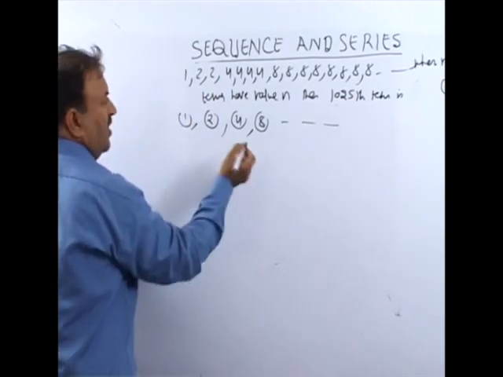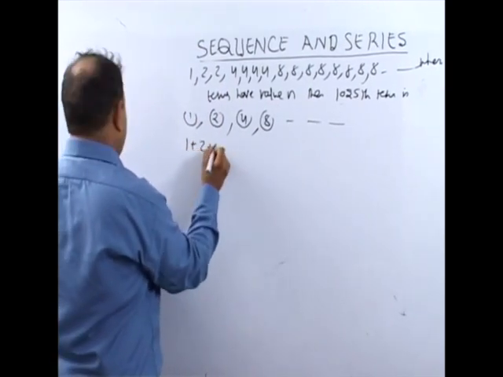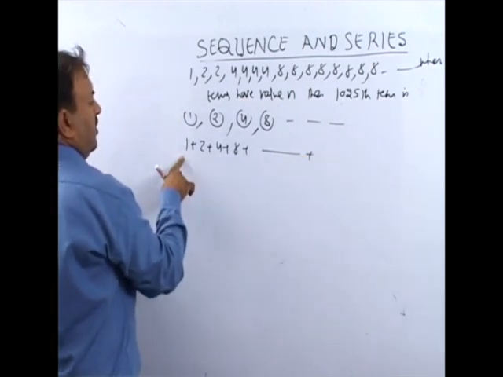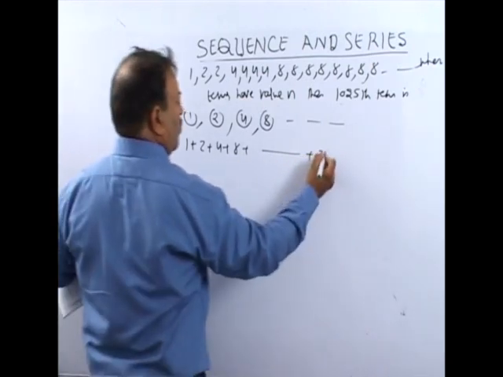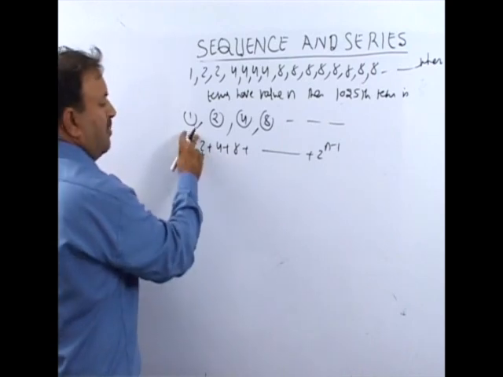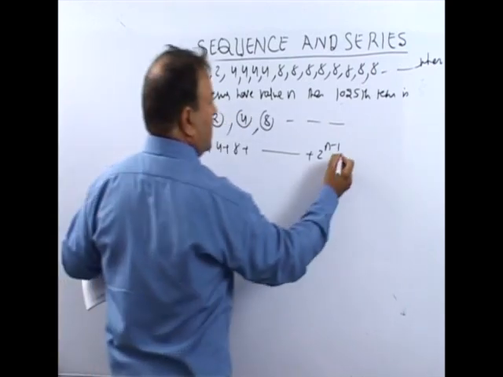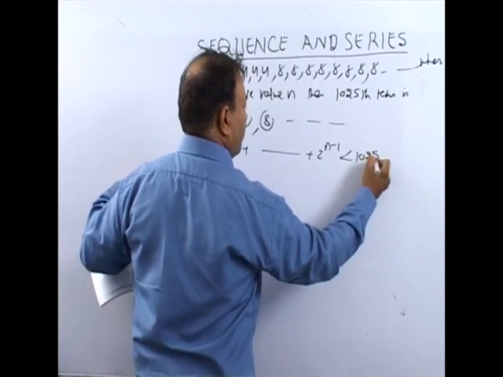So I can say one thing from here: 1 plus 2 plus 4 plus 8 up to the last term comes out to be 2 to the power n minus 1. It becomes a GP. 1, 2, 4, up to 2 to the power n minus 1 is less than 1025.